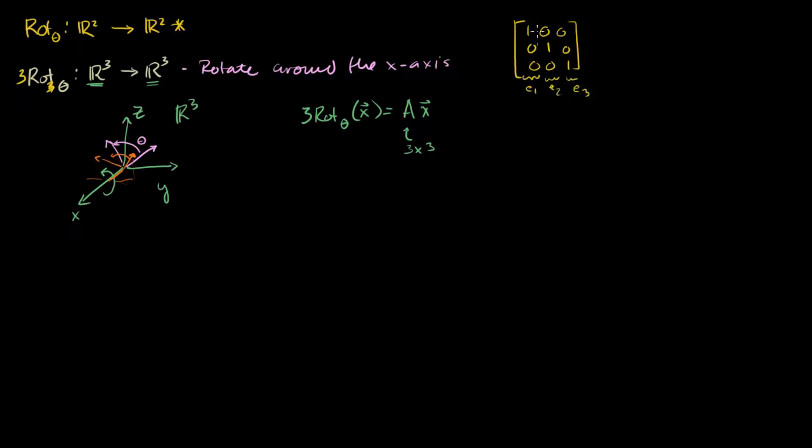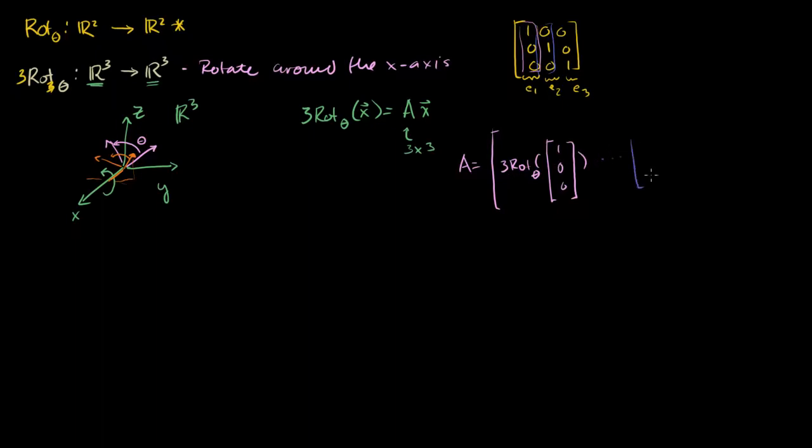What we need to do is just apply the transformation to each of these basis vectors in R3. So our matrix A is going to be a 3 by 3 matrix, where the first column is going to be our transformation, 3 rotation sub theta, applied to that column vector right there, 1, 0, 0. And then I'm going to apply it to this middle column vector right here. Well, you get the idea.